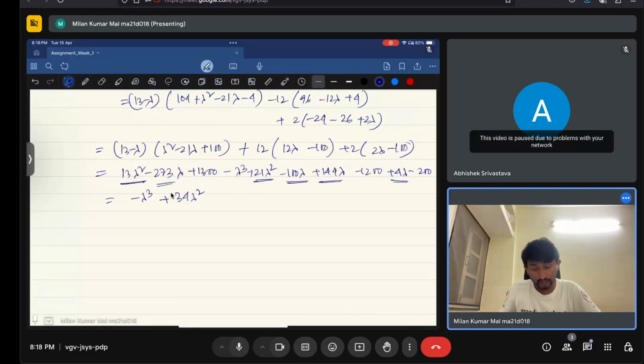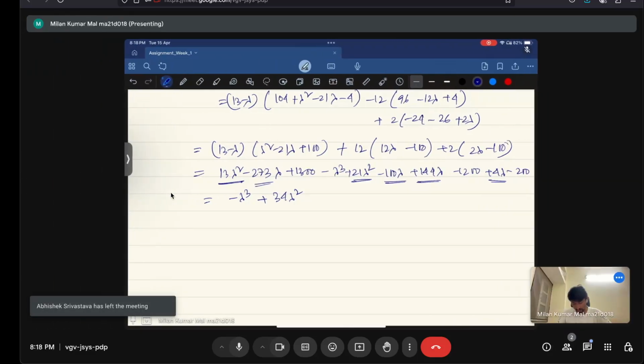So if I just sum them all, what I'll get, calculation, but what is the calculator here? So that is minus 273, plus, no, minus 273 minus 100 plus 4.